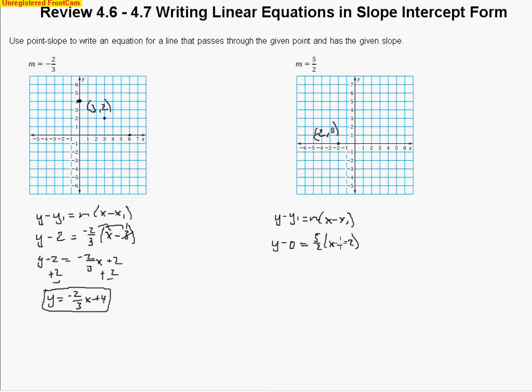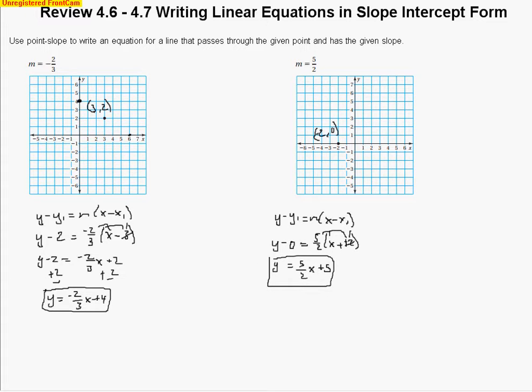So that minus negative, anytime you have to substitute in a negative component into a point, you're going to end up adding, because you'll end up adding the opposite. And so here I have y minus 0, which is just y, and then I just have to distribute here. So 5/2 x plus 5. I got 5 because 2 goes into 2 one time, multiplying across. 1 times 5 makes 5.